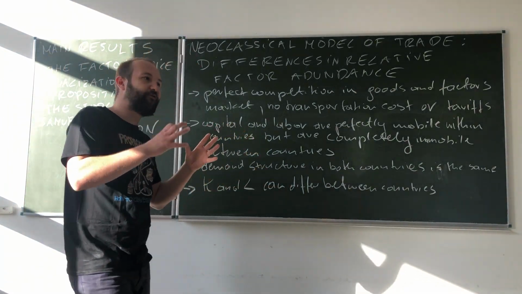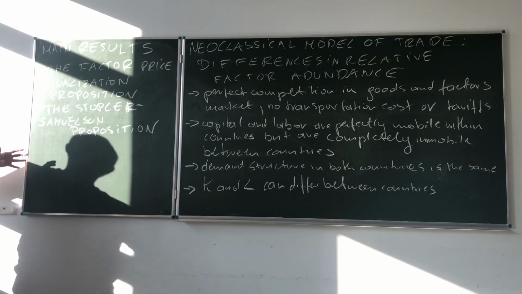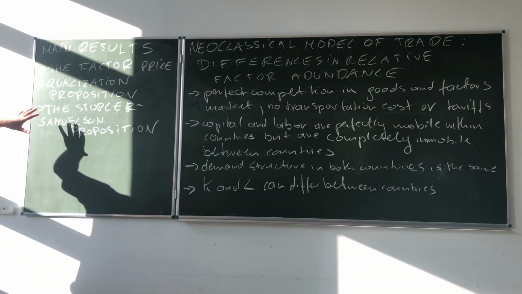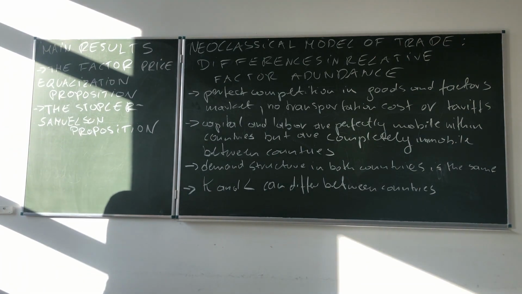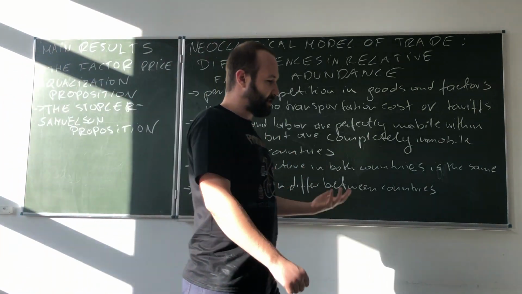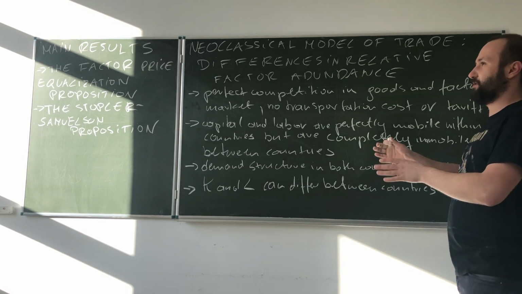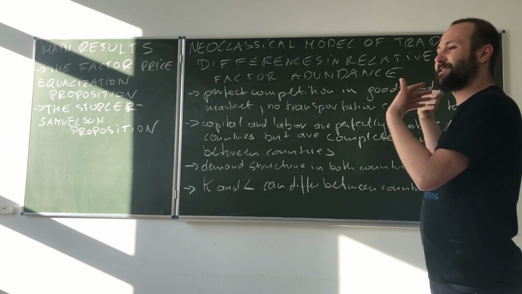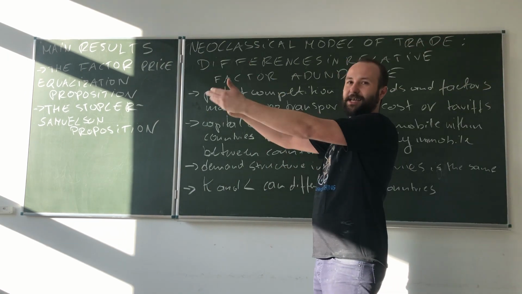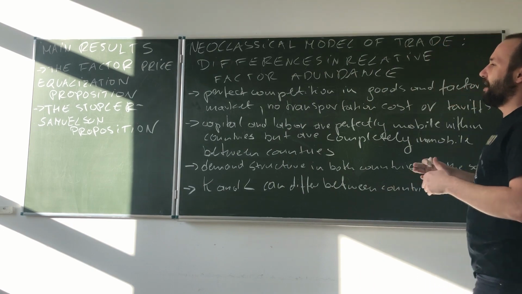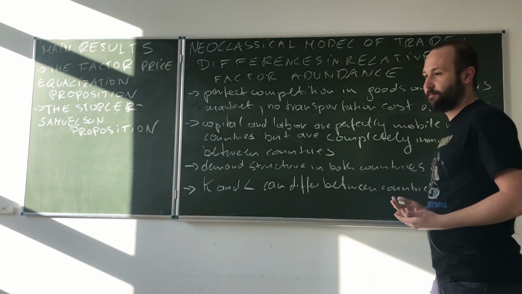So the factor of production that we need basically more in order to produce this good. So what we see is that if the countries start to trade with each other, then the factor of production the country is using more intensively in goods that it's selling will get a higher reward.